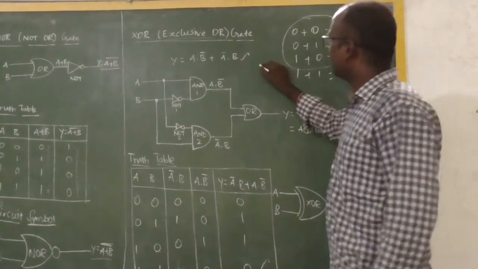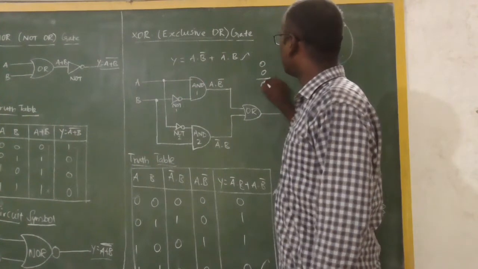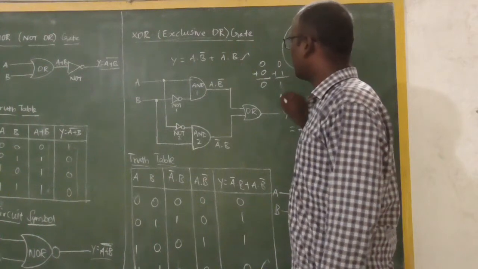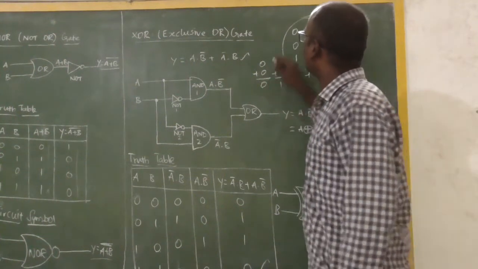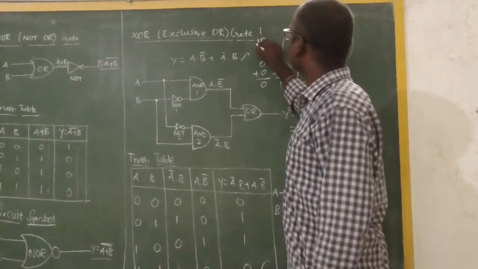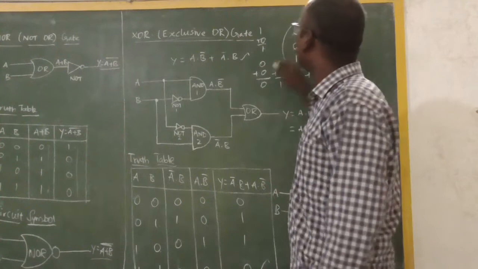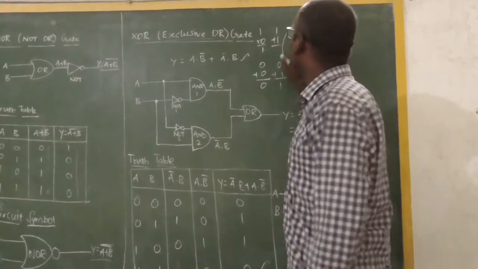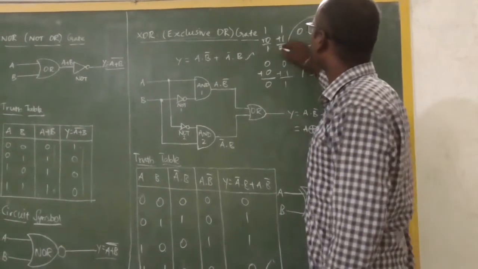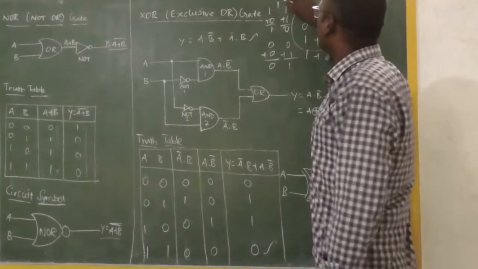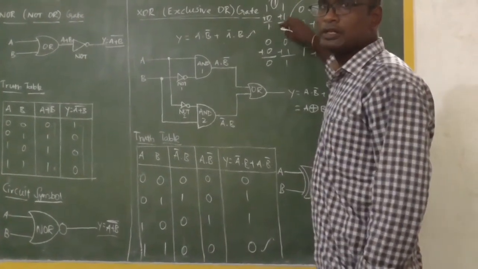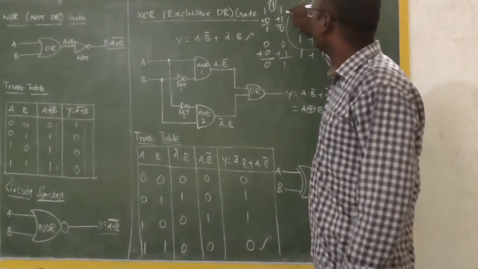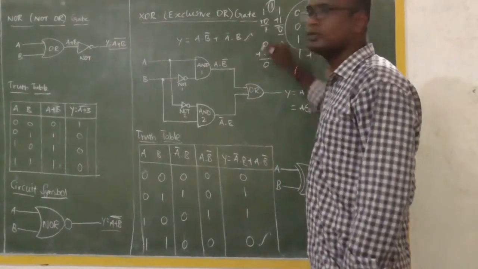That means if we add 0 plus 0, we get 0. Similarly, 0 plus 1 gives 1, and 1 plus 0 also gives 1. But if we add 1 plus 1, we get 0 as the sum, and we get a carry. Apart from this carry, when adding 1 and 1, we get the result 0.